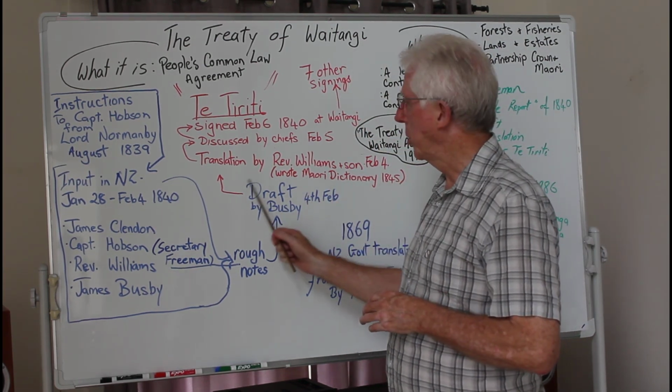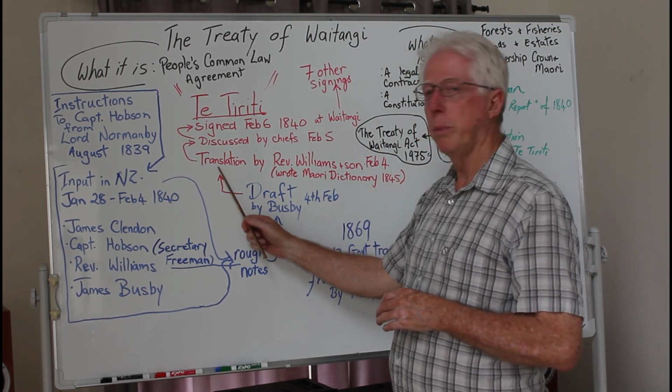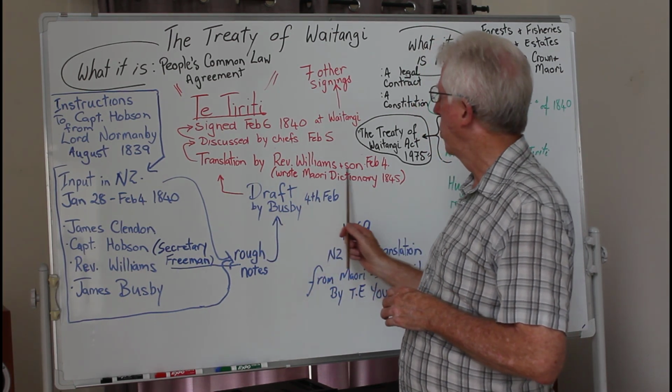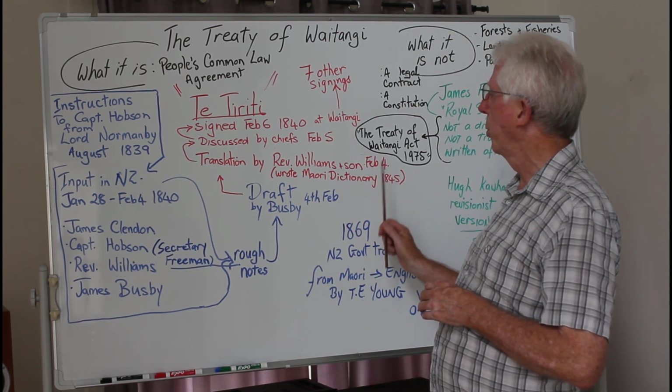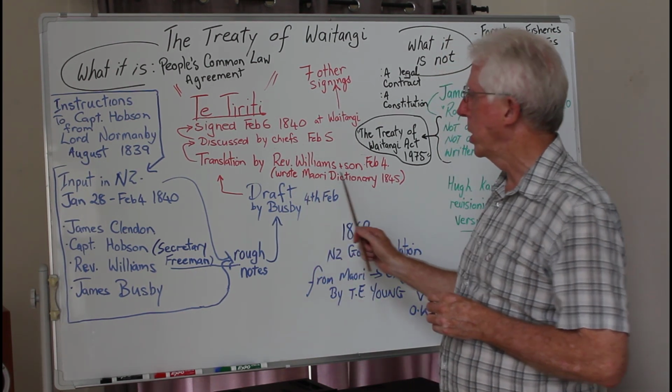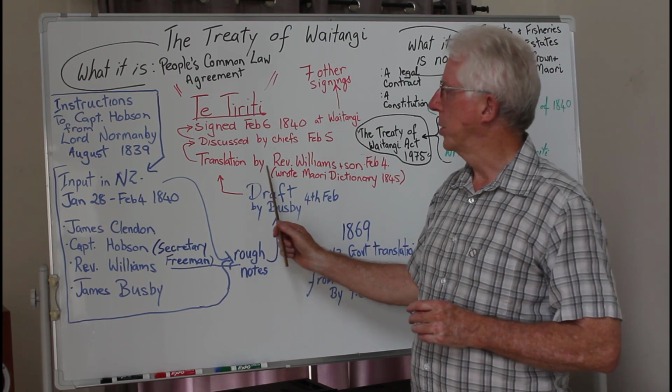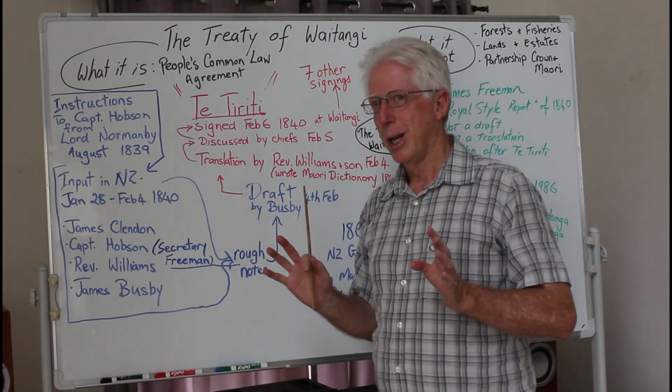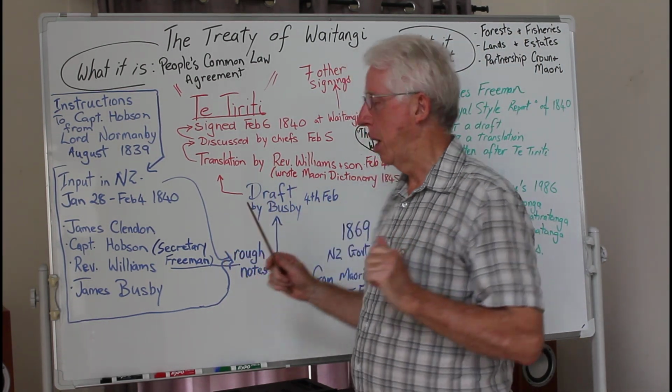So here we've got a document which then could be translated by Reverend Williams and his son on February the 4th. Now, it was Williams who subsequently wrote the Maori dictionary. So we know that this translation was the best that could be done at the time.